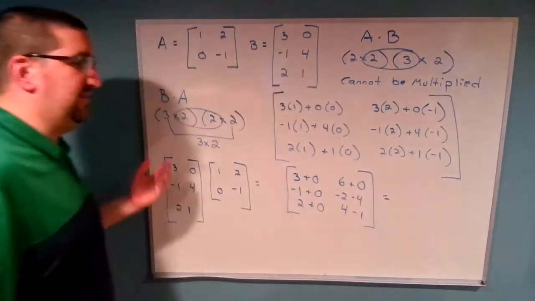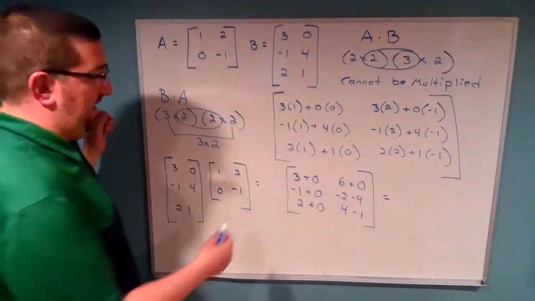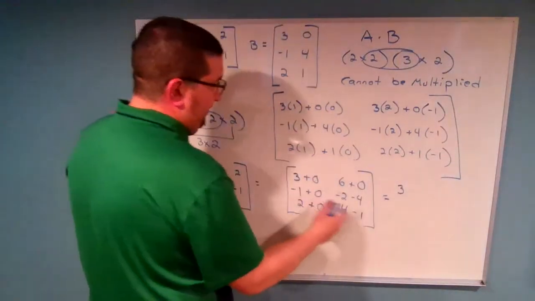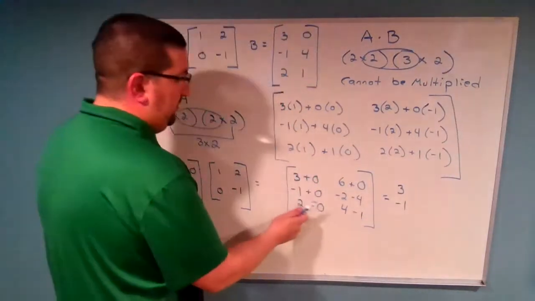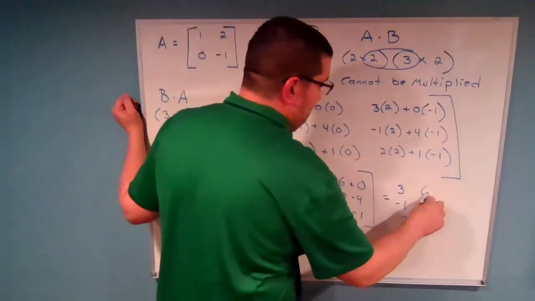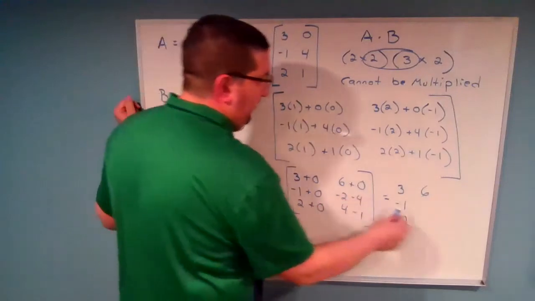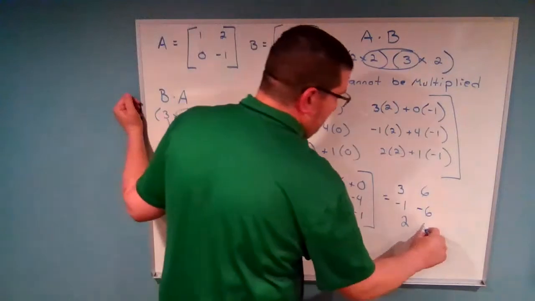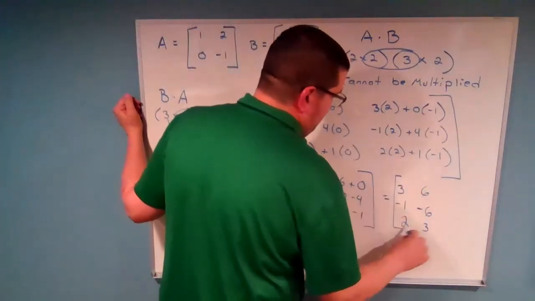My last result is just going to be adding those numbers together. 3 plus 0 is 3. -1 plus 0, -1. 2 plus 0, 2. 6 plus 0, 6. -2 minus 4, -6. 4 minus 1 is 3.